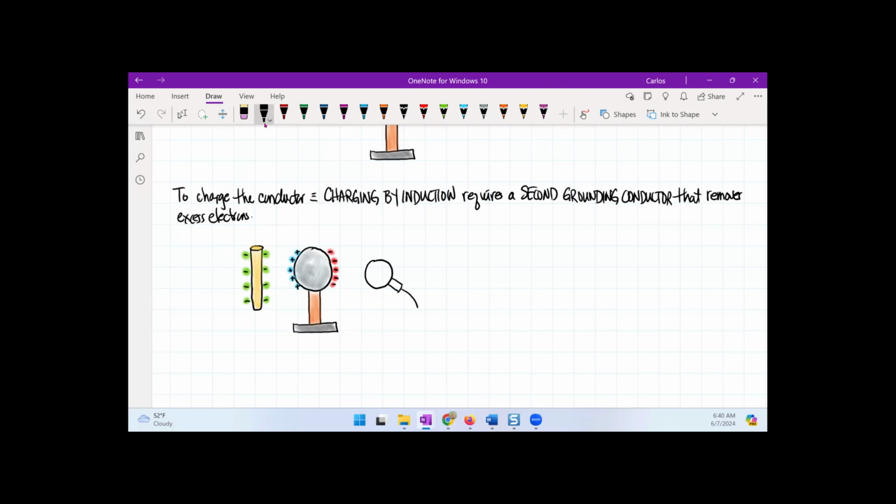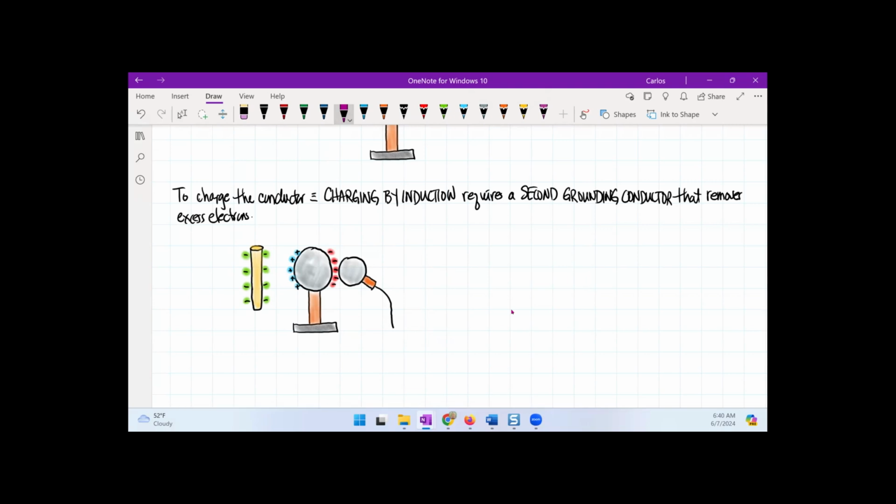and it's connected to some type of ground here. So this grounding conductor allows charge to move off the isolated sphere. Now I'm going to bring this over and make contact.